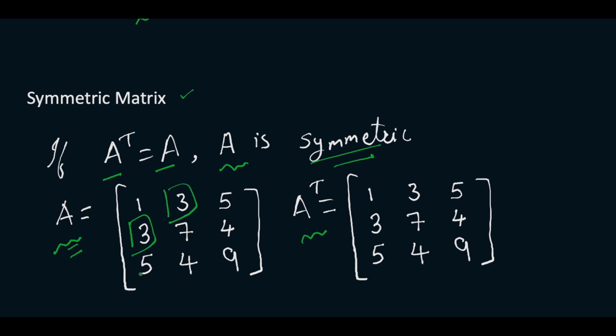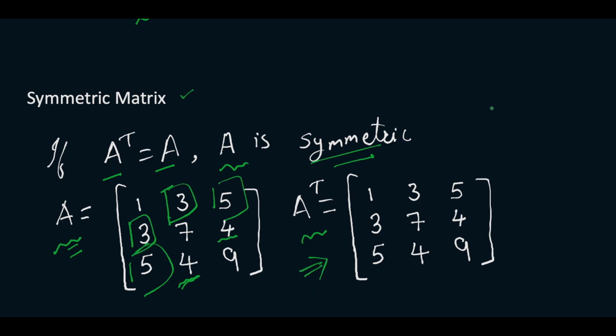If Aij equals Aji, then those matrices are symmetric. For example, this 5 and this 5, and the value here is 4 and the value here is 4. So when you transpose it, you get the same matrix.